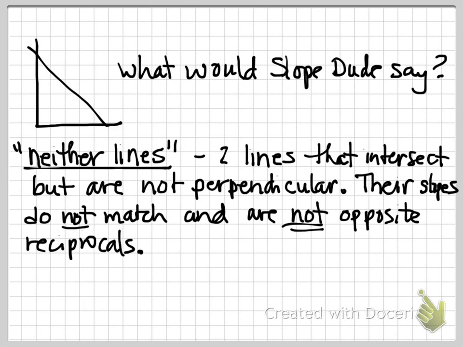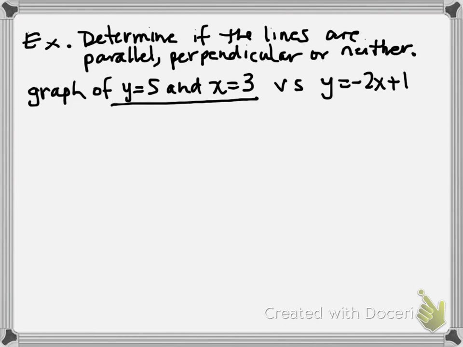So that leads us to the first set of directions you're going to see on homework. Now this is slightly different than what you'll see in your homework. I've made it actually harder than your homework. Determine if the lines are parallel, perpendicular, or neither.